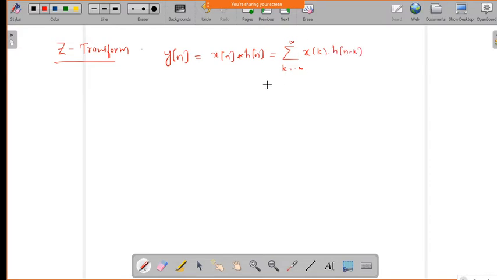This can also be written as h of k into x of n minus k. So this convolution we know.